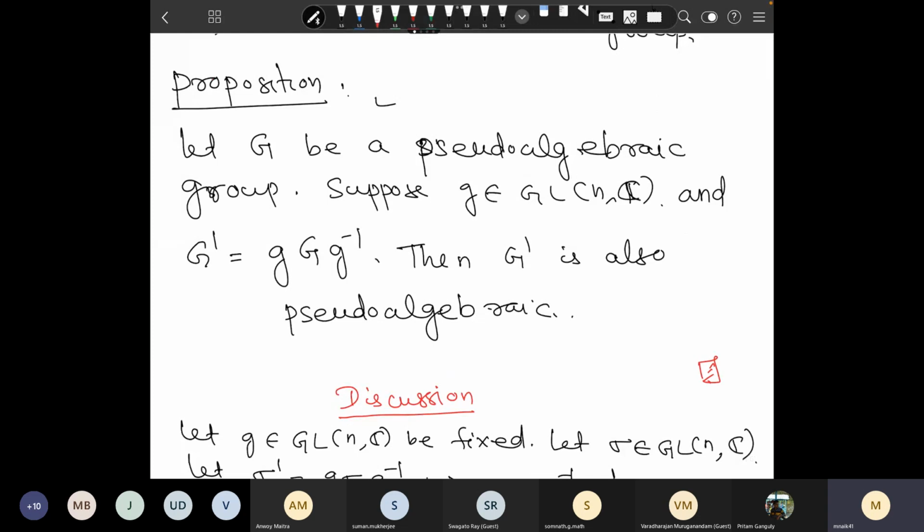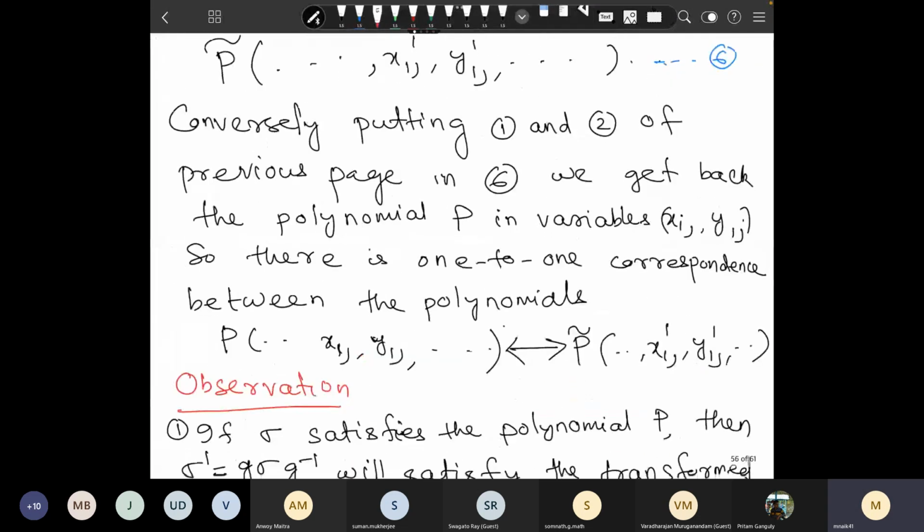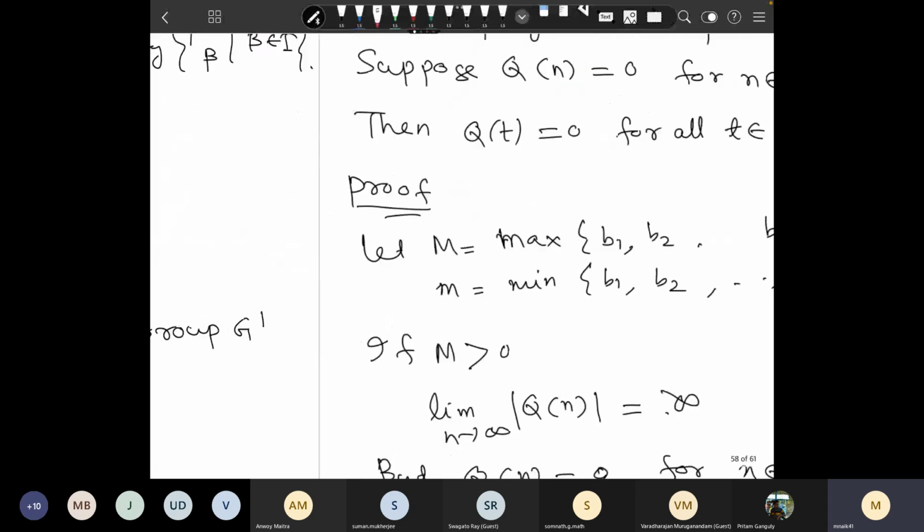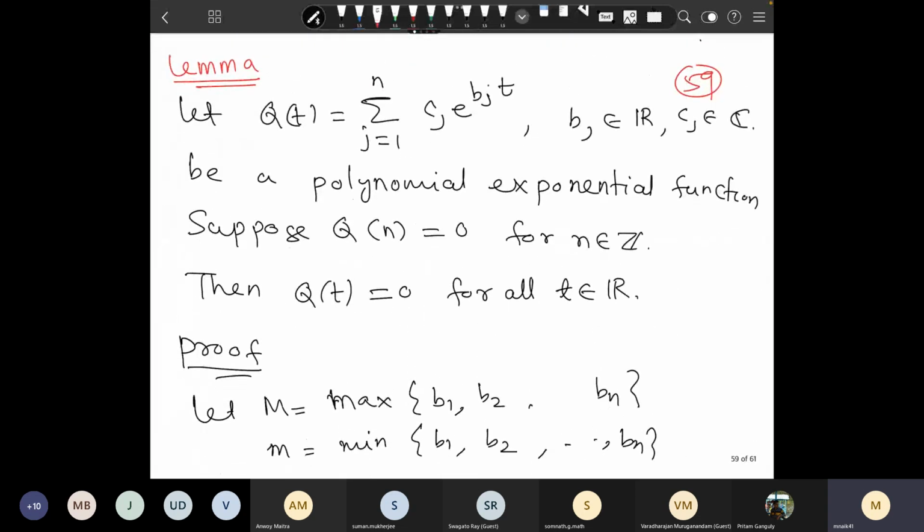So then finally we have proved a lemma which says that if q(t) is a polynomial exponential, that means q(t) is of the form sum of c_j e to the power b_j t, where c_j is a complex number and b_j belongs to R, and if that polynomial exponential vanishes at integers, then it is 0 for all t belongs to R. Okay, so this we have seen.